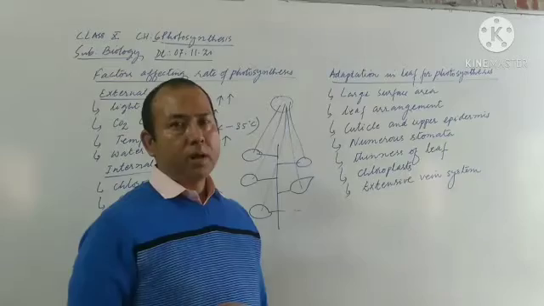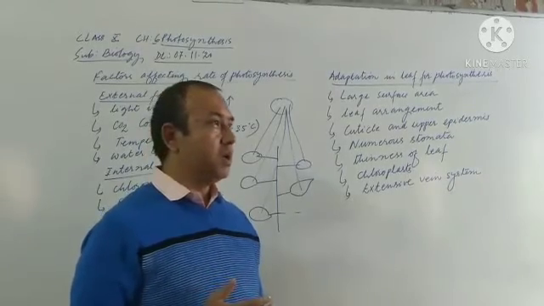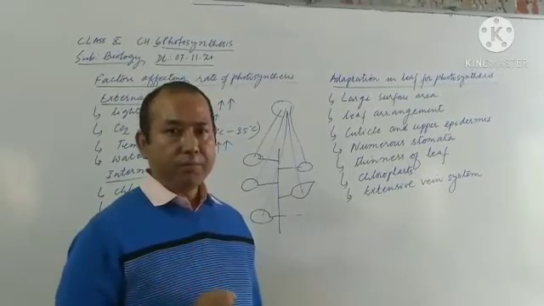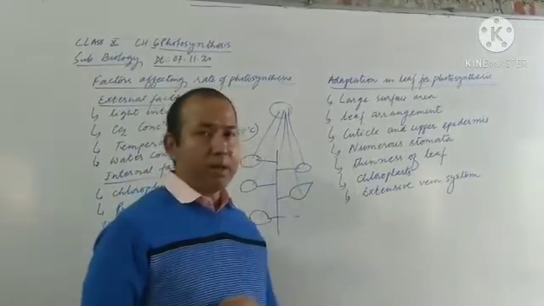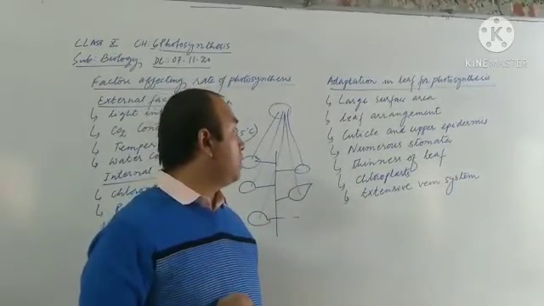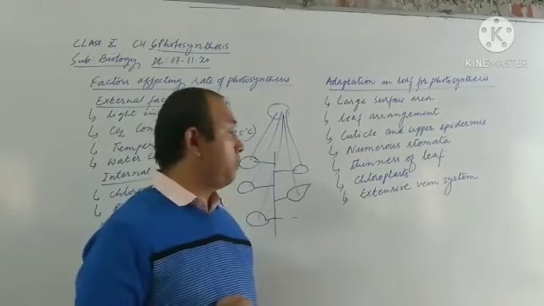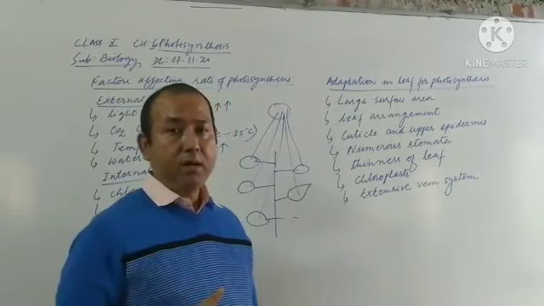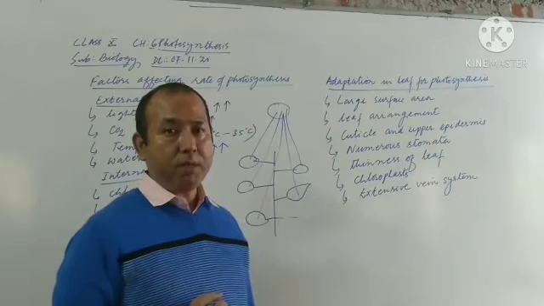Then the next is cuticle and upper epidermis. The cuticle in leaves is usually thinner. About the cuticle, you might have learned in the transpiration chapter, in cuticular transpiration: a waxy-like substance present on the surface of the upper epidermis.